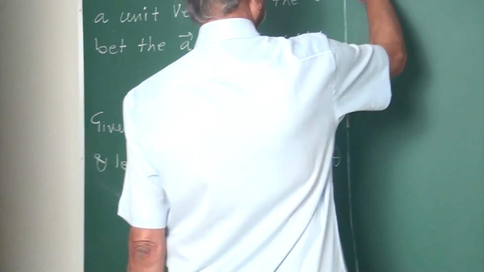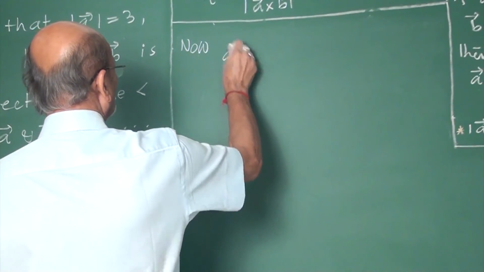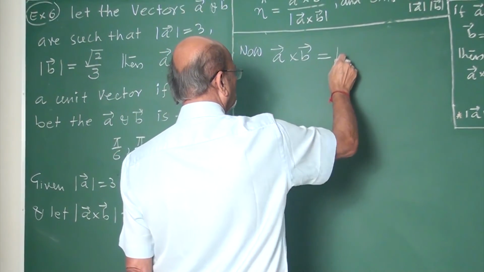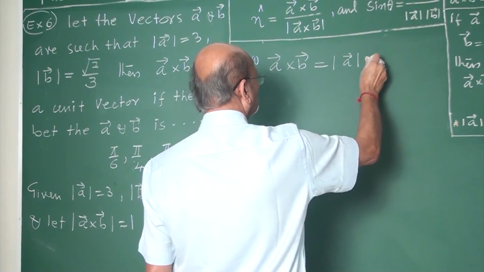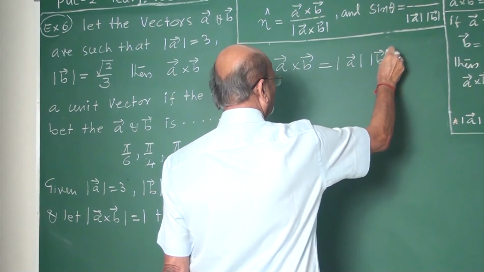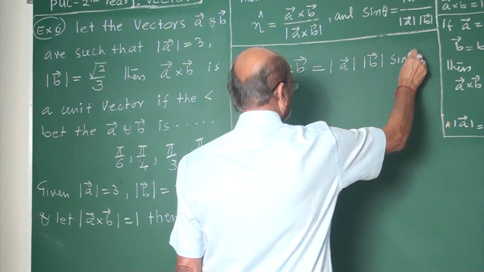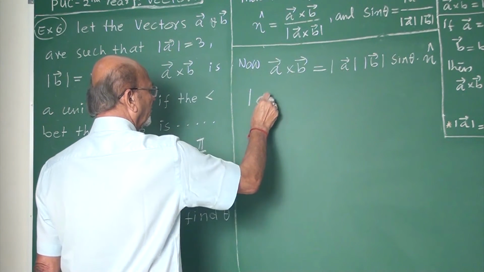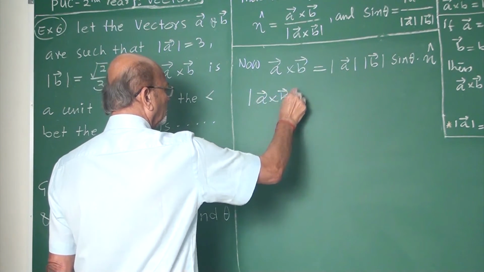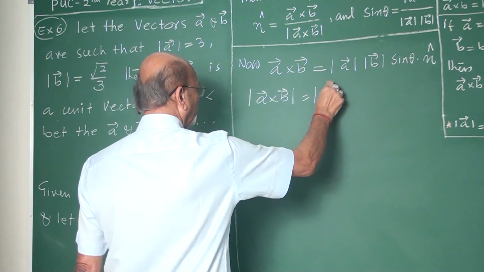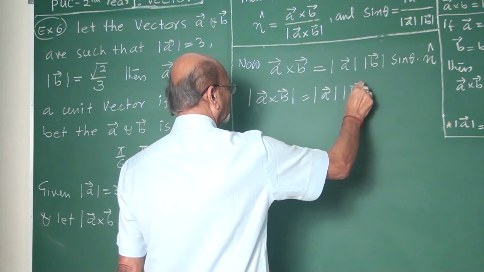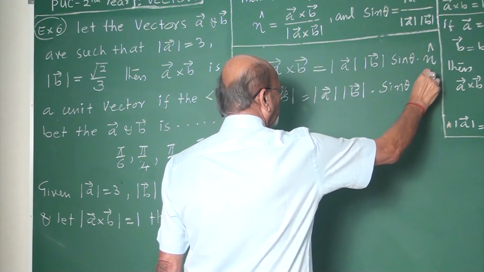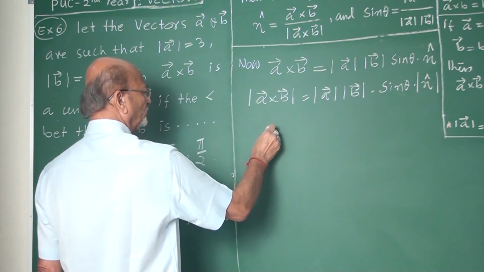A cross B equal to magnitude of the first vector into magnitude of the second vector into sine theta into n cap. Then take the magnitude: magnitude of A cross B equal to magnitude of A into magnitude of B into sine theta into magnitude of n cap.